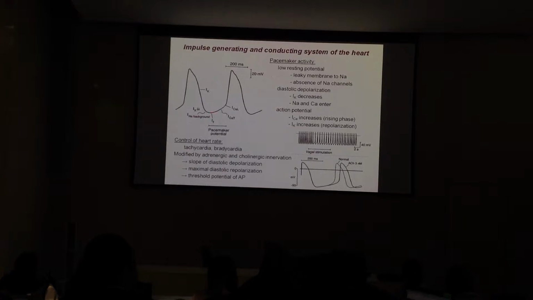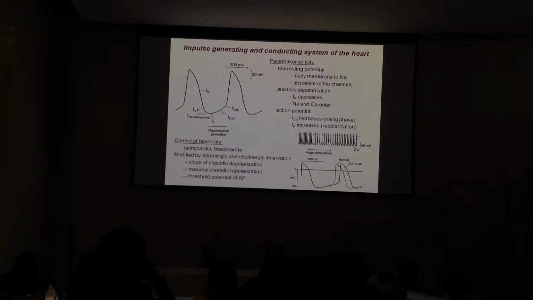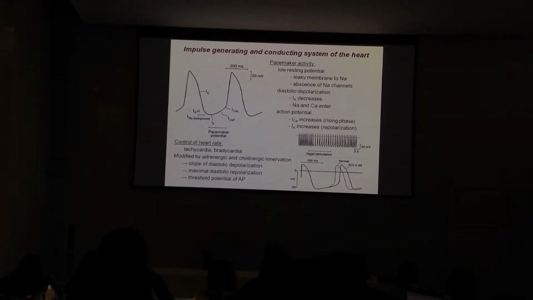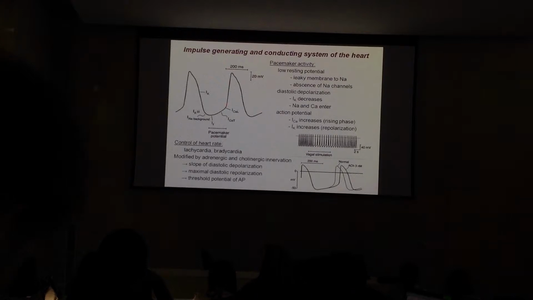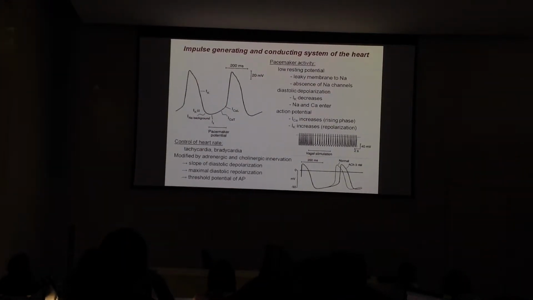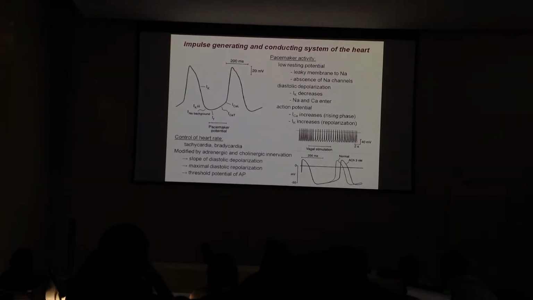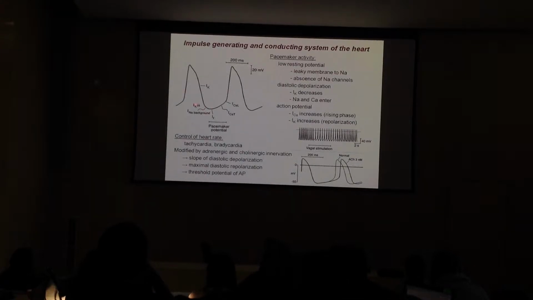The most negative membrane potential value, as we mentioned, is minus 60 millivolts. There is a slow rising phase, and later there is a little bit faster rising phase, but not too fast. So, therefore, if we try to analyze the pacemaker activity, we can speak about the low resting potential, the most negative value.